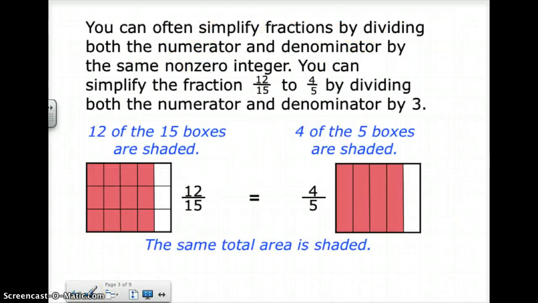You can often simplify fractions by dividing both the numerator and the denominator by the same non-zero integer. So in the example that you see on your screen, you can simplify the fraction 12/15 to 4/5. And how you can do that is by dividing both the numerator and the denominator by 3.